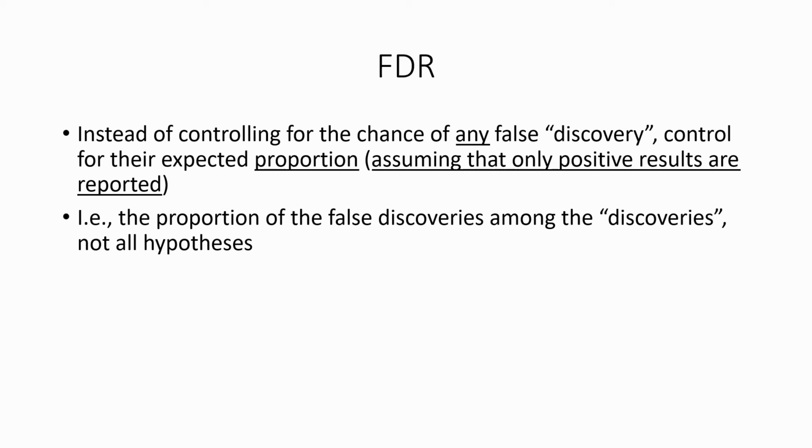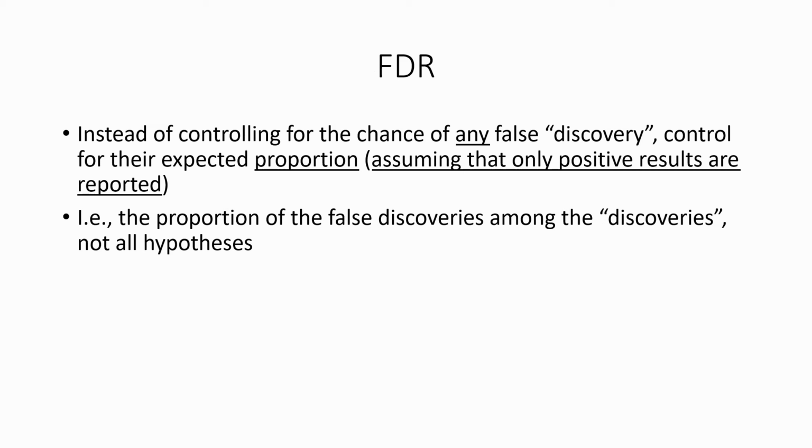And that's why FDR makes the very rational assumption that what's important is the proportion of the false discoveries, not among everything, in which case we don't even need any correction procedure, but simply among the discoveries that we report.